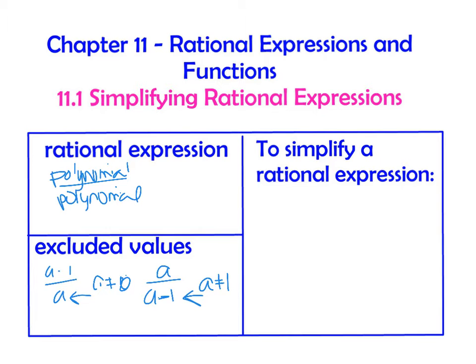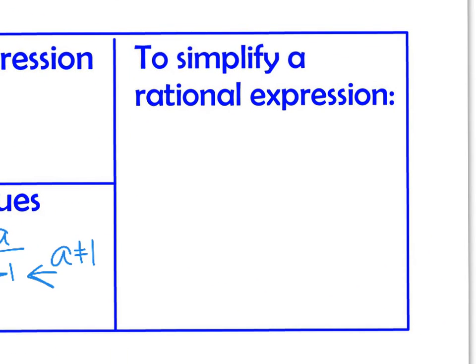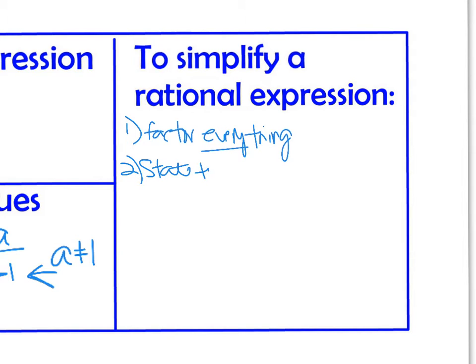Okay, so the big idea today is simplifying rational expressions. So to simplify rational expressions, we're going to do 4 simple steps. The first thing we're going to have to do is factor everything. I told you this wasn't going away. Keep factoring. Factor everything. The second thing we're going to do is what we just talked about. We're going to state the excluded values.